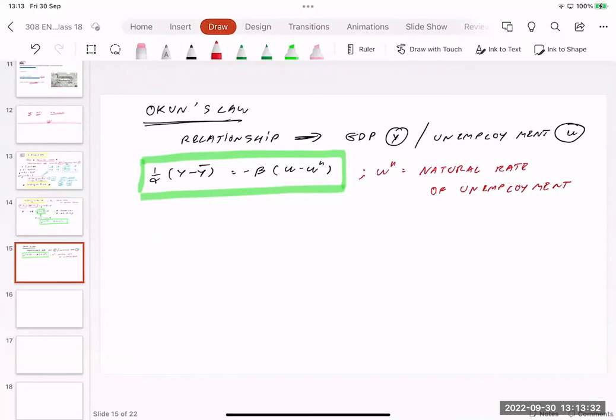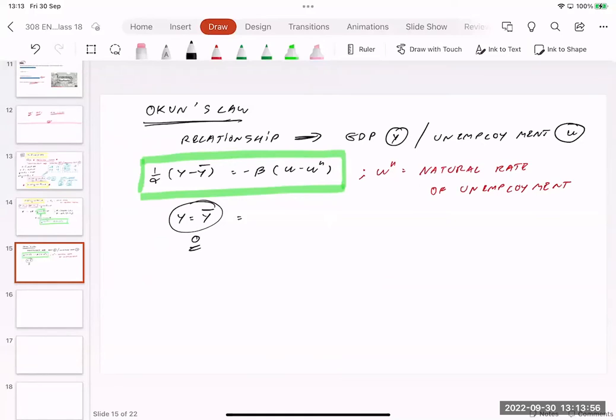After you understand this, we're going to compare the right side and the left side of the equation. For example, the best point: if GDP Y equals Y bar, everyone gets a job, full employment level. If Y equals Y bar, the left side of the equation equals zero, right?